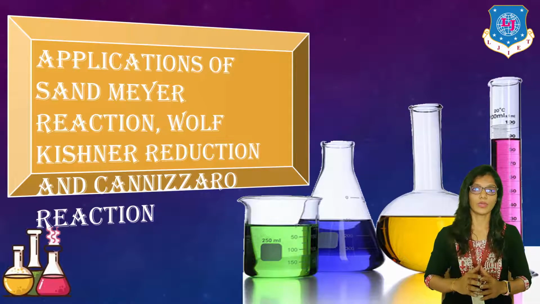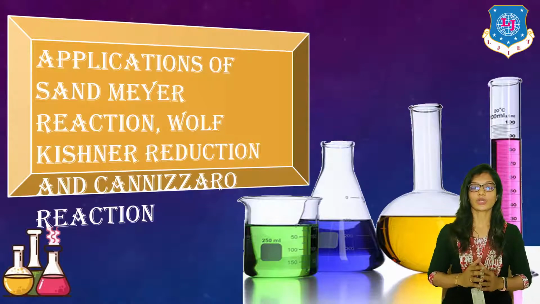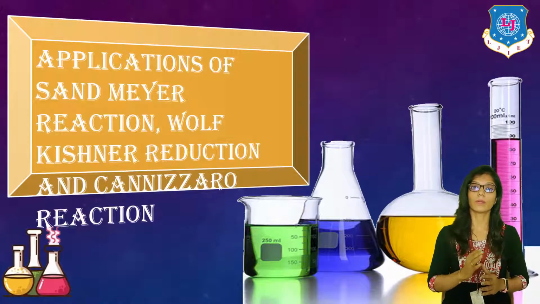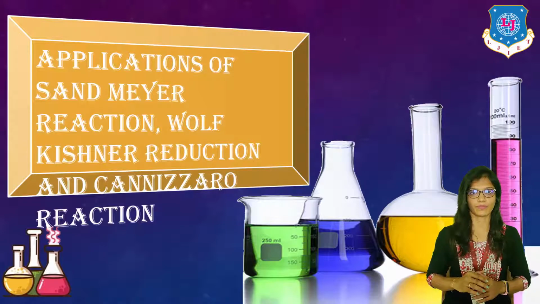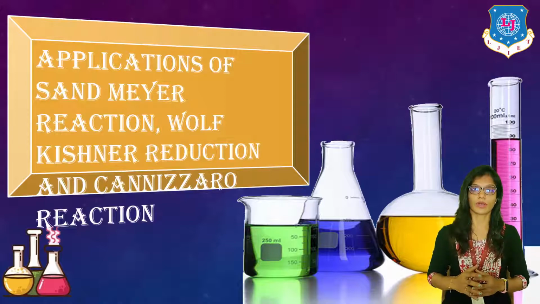So we will take a look on how such kind of reactions play an important role in synthesis of different compounds. So we'll take a look on how the synthesis of that particular kind of compound is done. And we will also see with which particular reaction we can synthesize or manufacture that particular product.